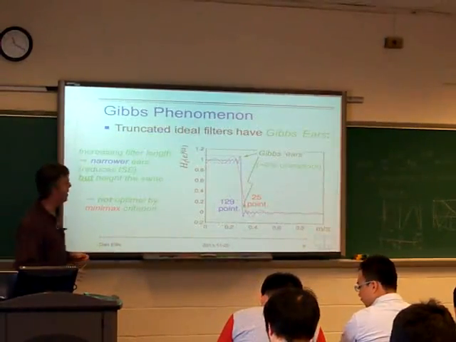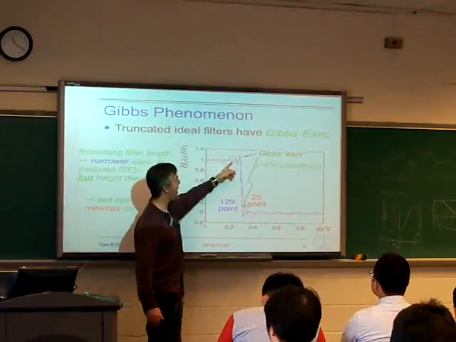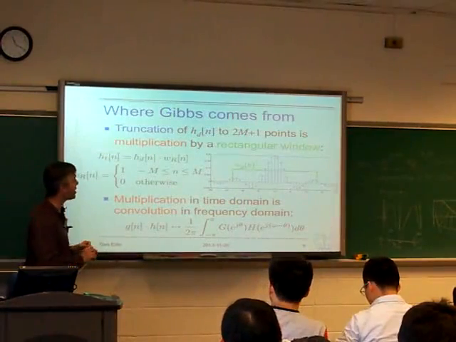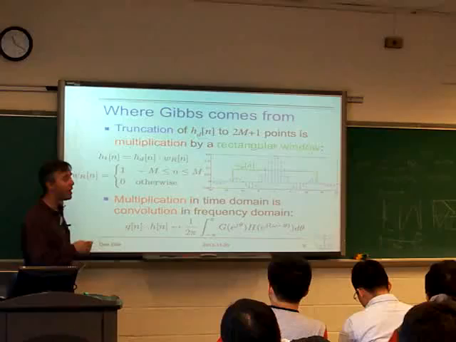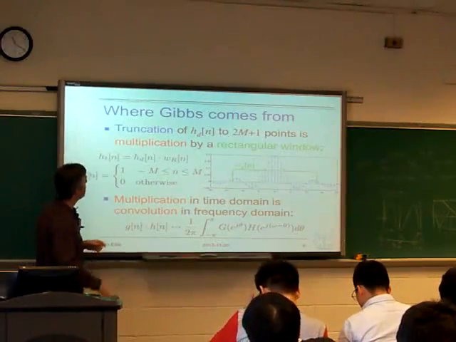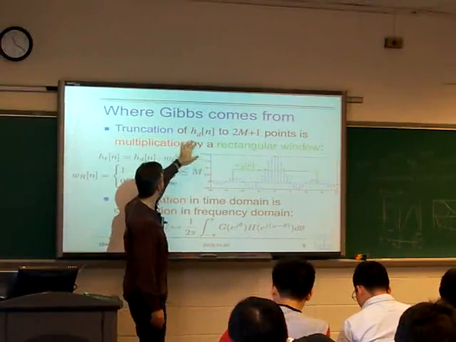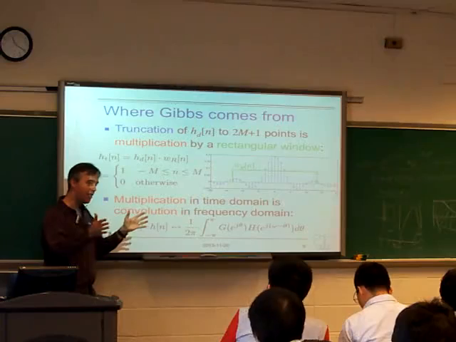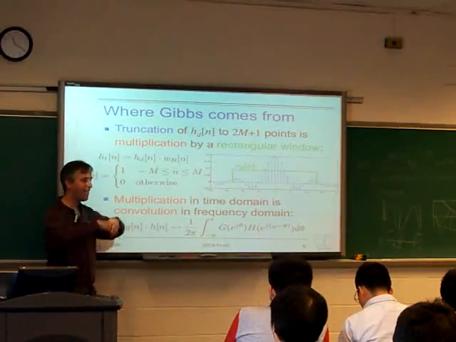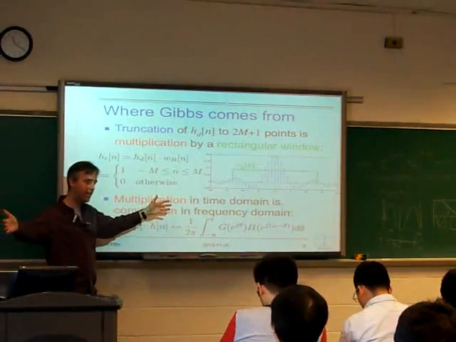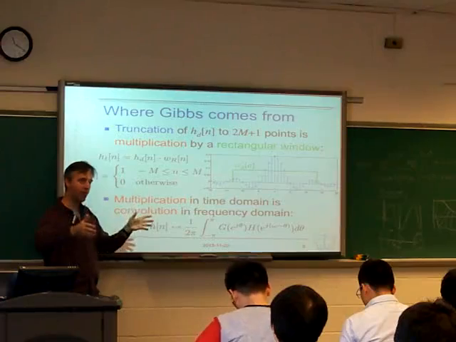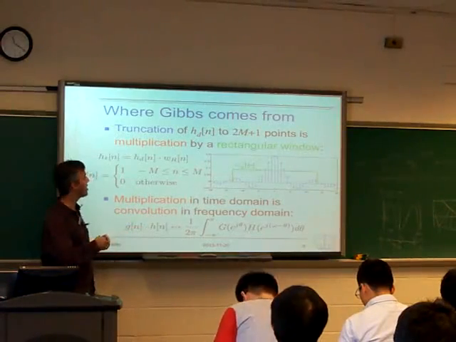When you look at this, it's kind of weird. What's going on here? Why are we getting these ripples? It seems a bit mysterious. But it's actually something that we can understand quite easily if we think about what's really going on. So what we did was we took h_d[n] and then we truncated it to be 2N plus 1 points. That truncation is basically the same as taking this infinite length signal and then multiplying it by a window, which is 1 over the points that we kept and 0 for all the points that we dropped.